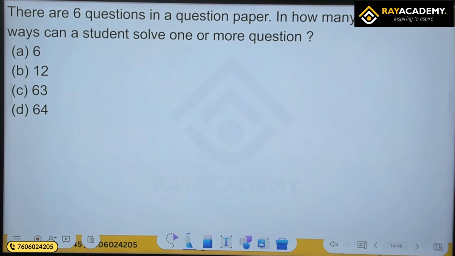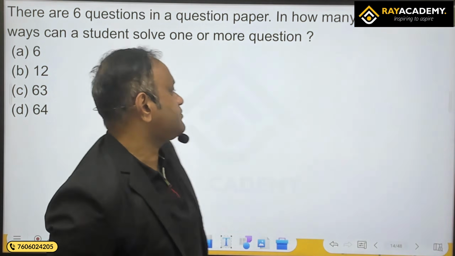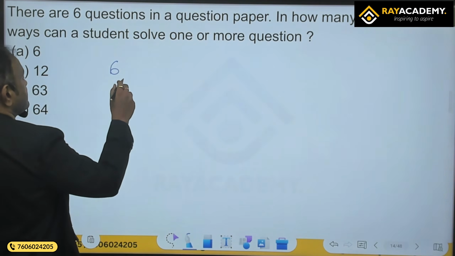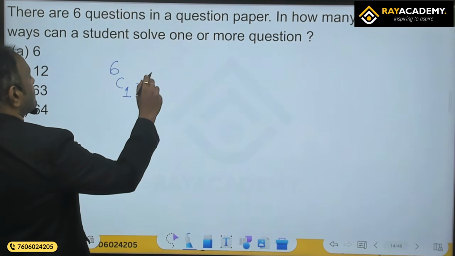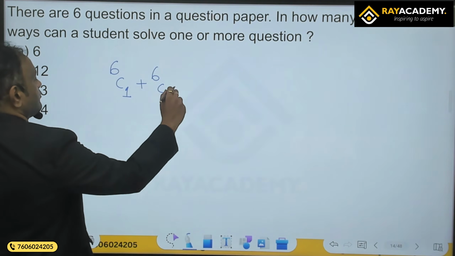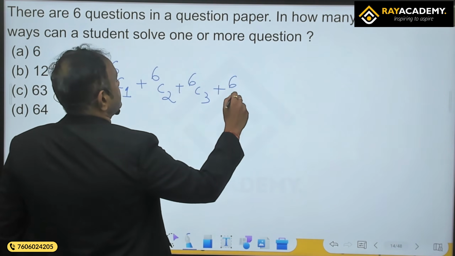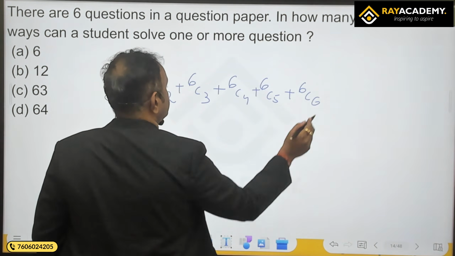Either he can solve one question, or 2, or 3, or 4, or 5, or 6 questions. Suppose he has to solve one question, in how many ways can he choose? This can be done in 6C1. Or 2 questions, 6C2, or 6C3, or 6C4, or 6C5, or 6C6. All the questions he is choosing.